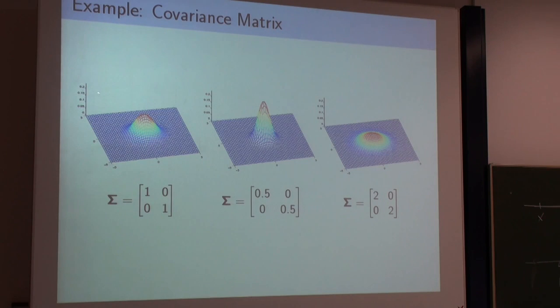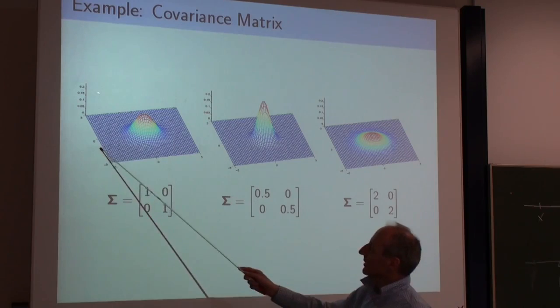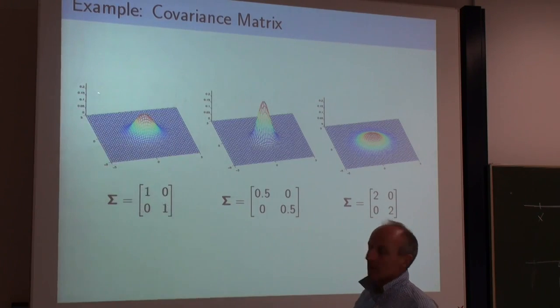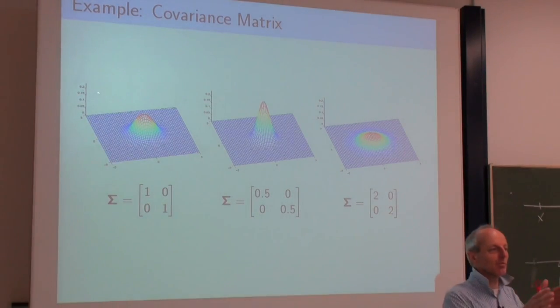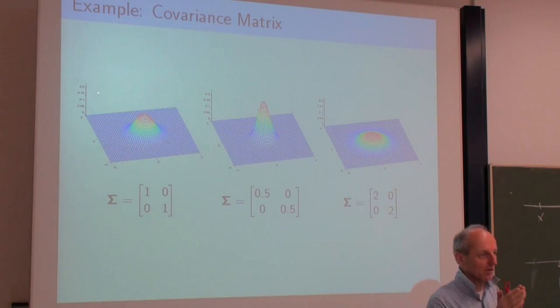Like the one-dimensional case? Yeah, something like the one-dimensional case. I mean, if this second variance would be 0 and this is the y direction, then it would be extremely flat. The width would actually be 0.